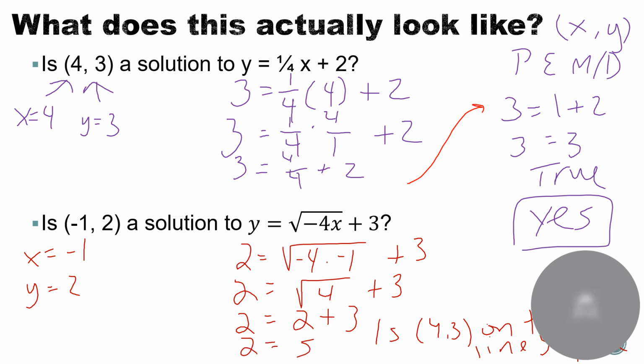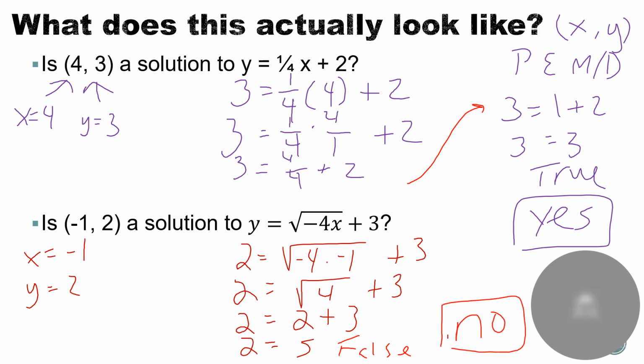And so I get down to the end here, and it says 2 is equal to 5, and that is a false statement. And so my answer is no, it is not a solution, or also not on the graph of. So the point -1, 2 is on the coordinate plane, but it is not on the graph if you were to graph that.